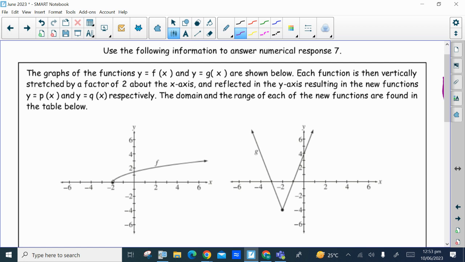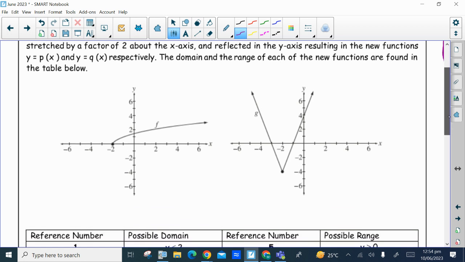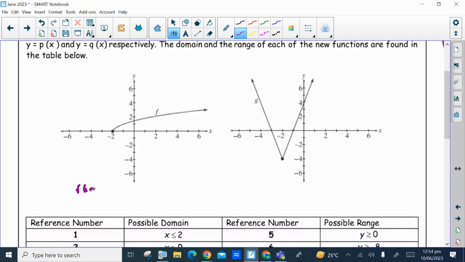Multiplying that by a stretch factor of 2 won't change it. And it just keeps going up and up. Vertically stretching that will just make it go up higher quicker, but the range has not changed. So let's write that down. Range of this function will stay from 0 to positive infinity.